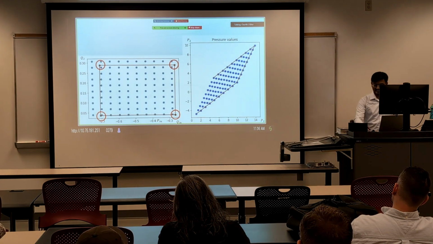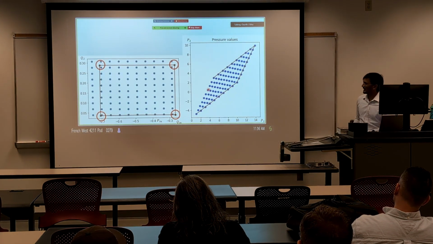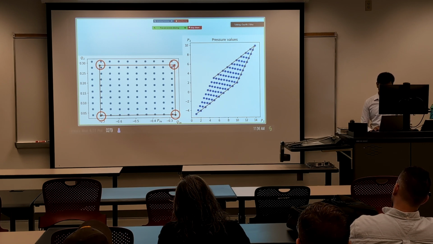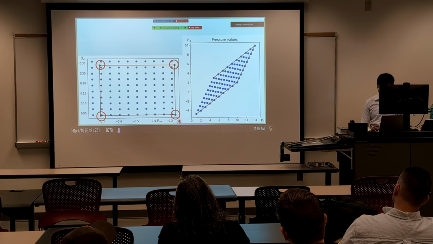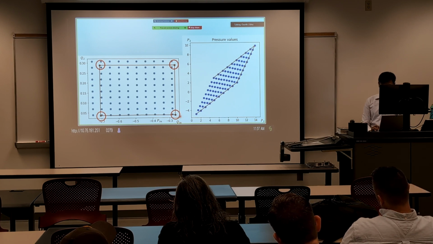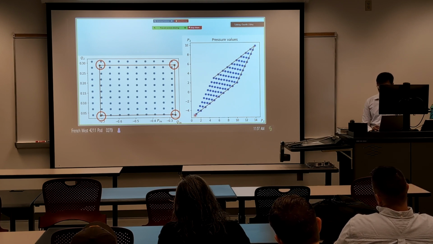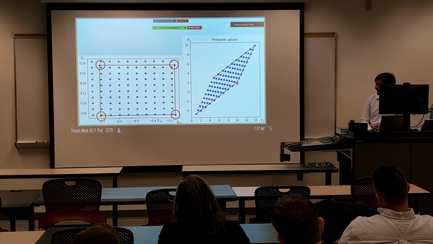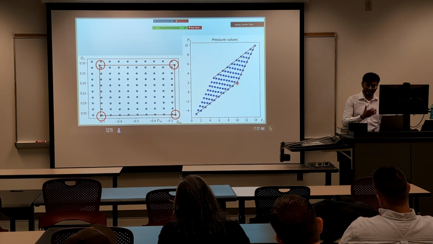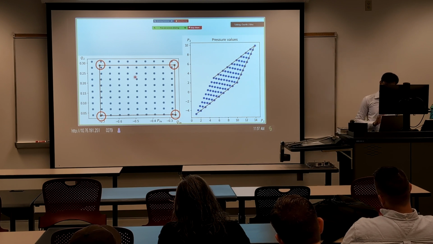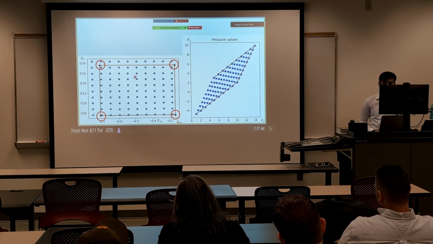And now here is an actual example that we did. These are the 4 flow rate values that we chose, and with respect to those 4 flow rate values, these will be the pressure values that we got. And then we discretize the pressure plane and we back calculate the flow rate values.